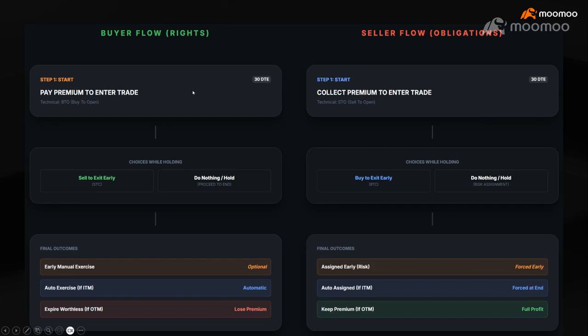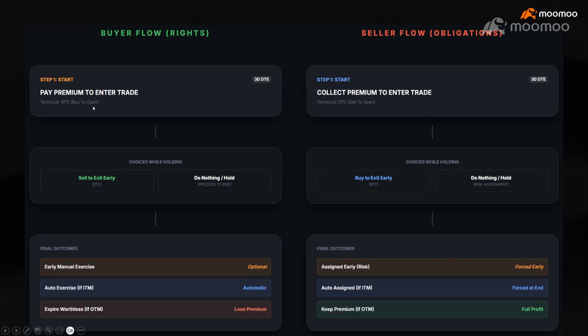You already have the rights. It can be a call option or a put option, either one. But just remember that if you're a buyer, you pay the premium to enter the trade and you have the rights. In this step, we call it buy to open.